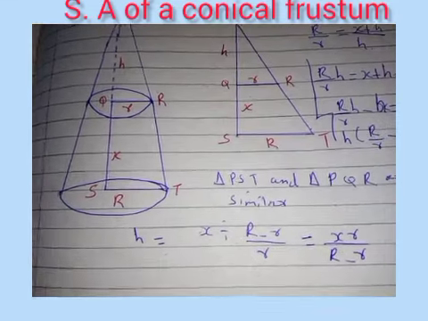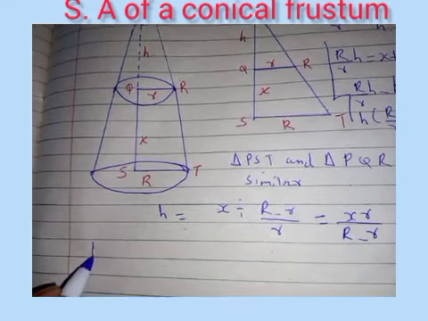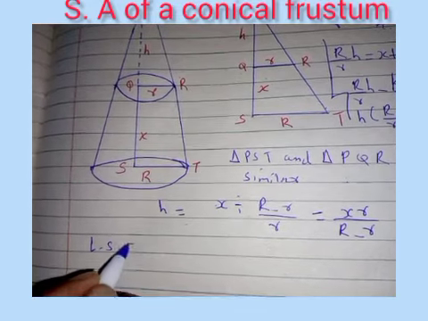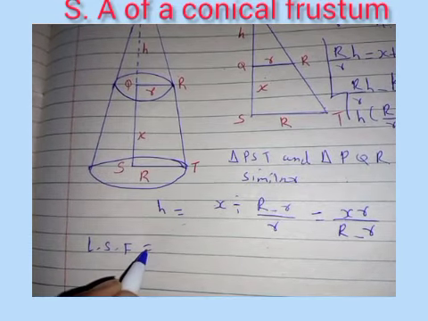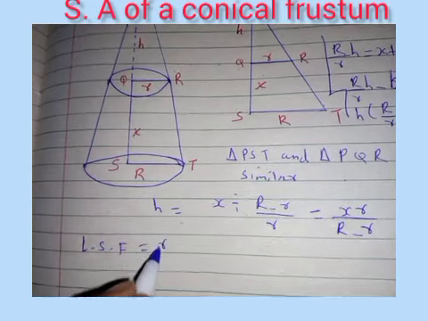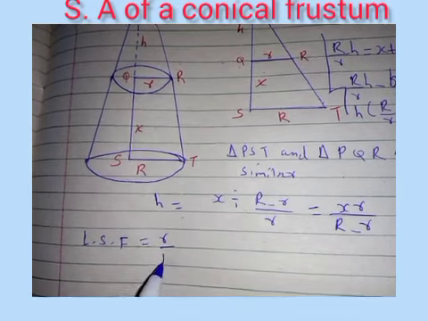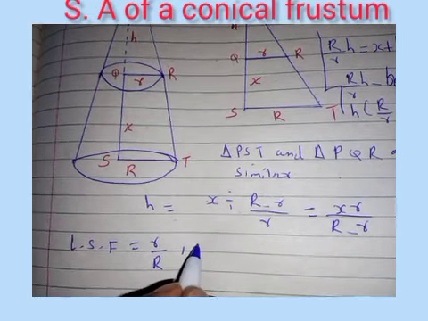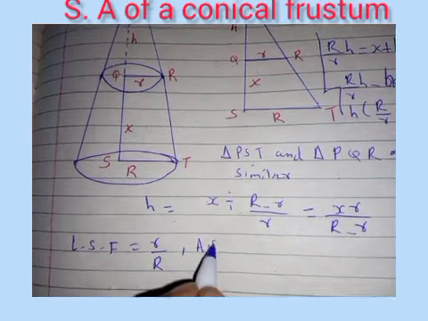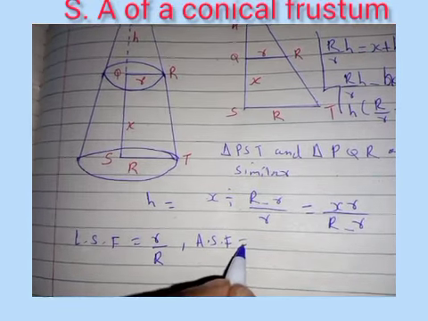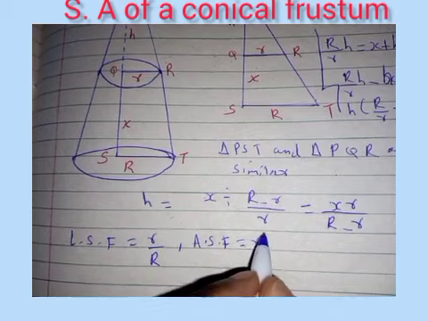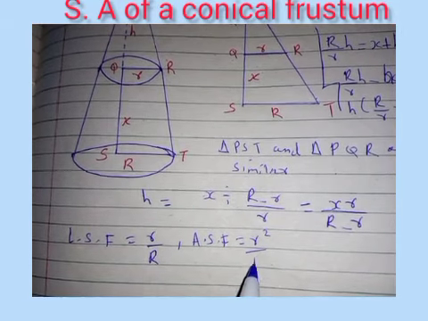So moving forward from there, the linear scale factor will be given by small r divided by capital R. The area scale factor will be given by r squared divided by capital R squared.